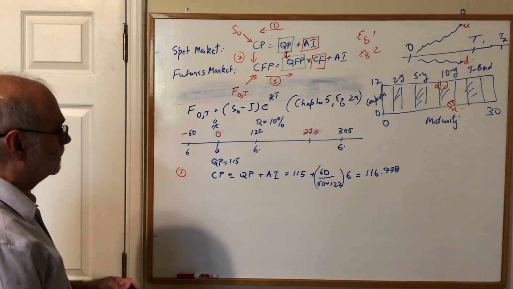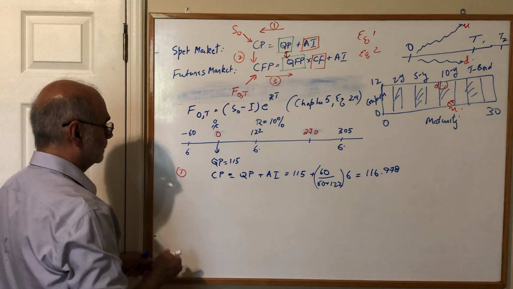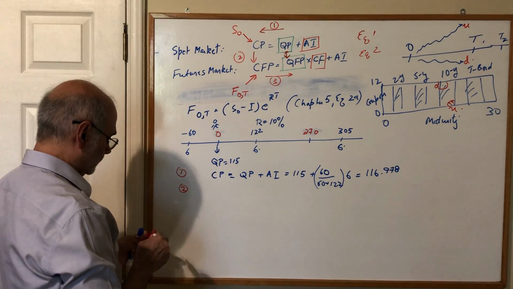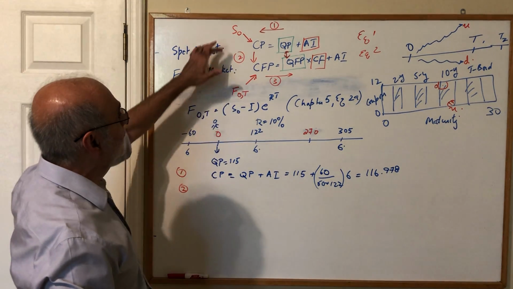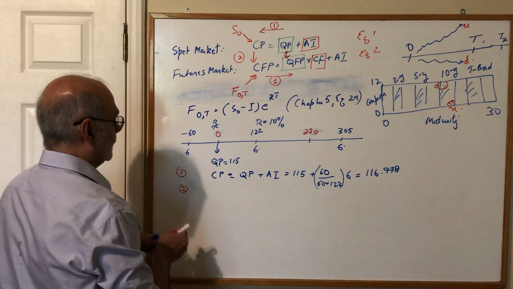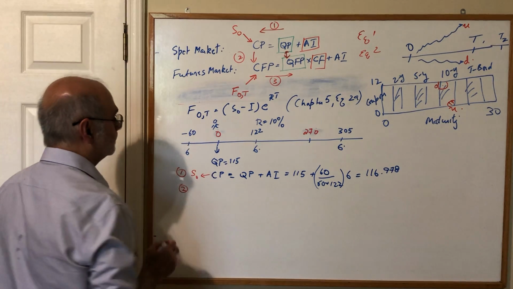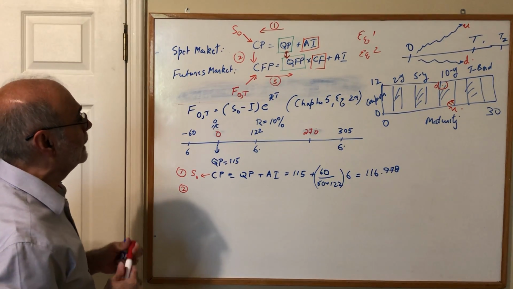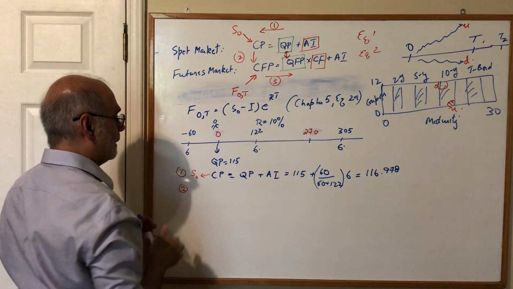Now we go on to step 2. Over here, my cash price, I'm going to write as S0, and the quoted cash futures price is F0.